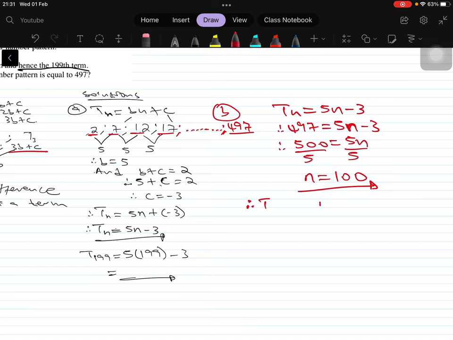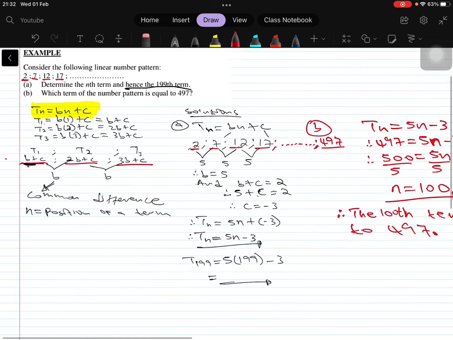I think the 100th term at this point sounds nice, so we'll go with that. The 100th term equals 497. Yeah, or term number 100 equals 497. That's it. You are done answering all the questions.